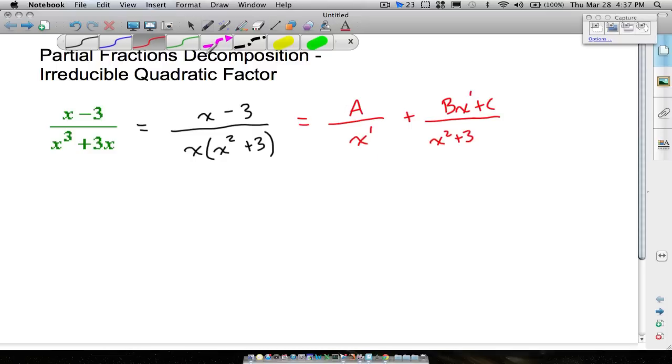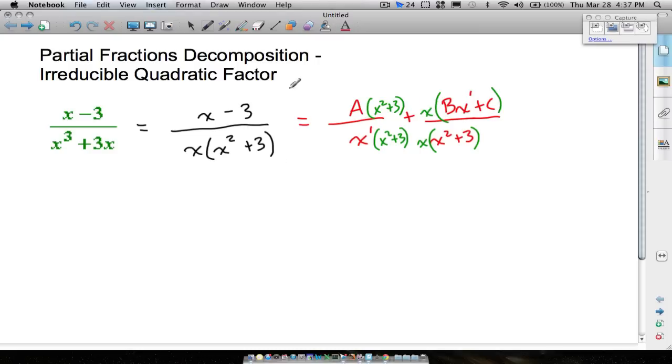So let's get common denominators. It's not that bad. To get these common, we need the x squared plus 3, so we'll put the x squared plus 3 at the top. And for this one, we just need the extra x, so we'll put the x up top. So let's copy this down. This is the same thing.